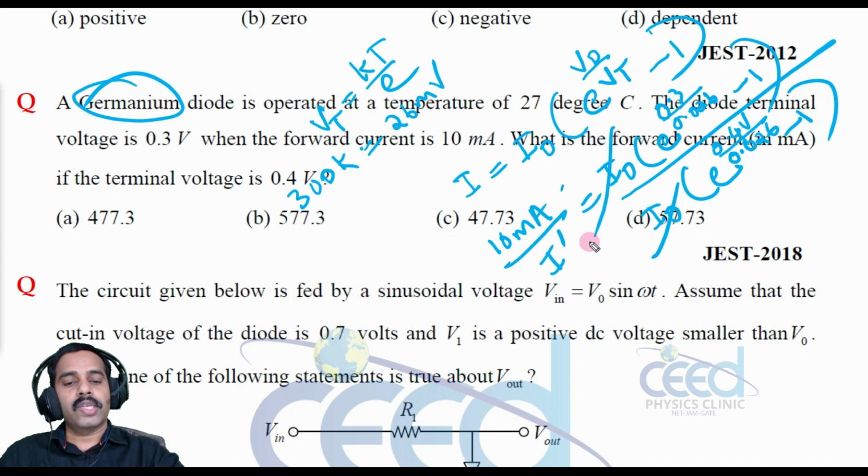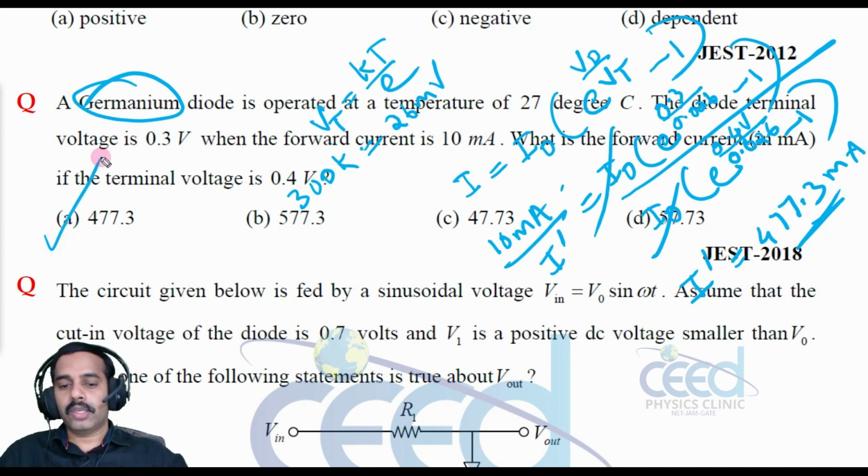Now this and this cancel. We can simplify this I dash, since the only unknown is I dash. When you solve, you will get 477.3, so that much milliampere. So option A is correct.